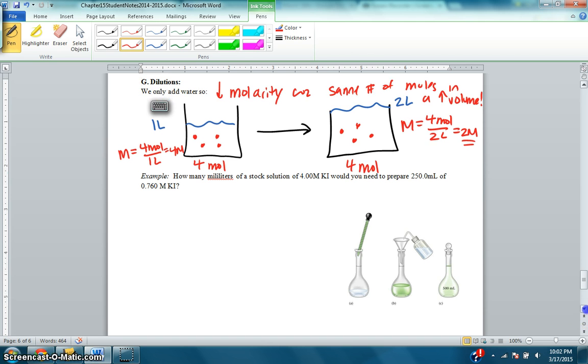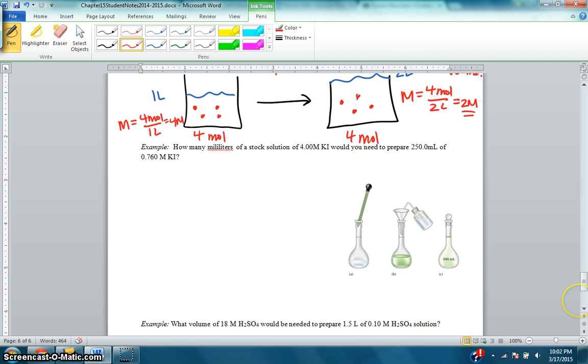So what we can do is some math problems with these types of dilution equations. And because the only thing that we're adding is water, we can use what's called the dilution equation. The dilution equation is M1 V1 equals M2 V2, where the big M is molarity and the V is volume.